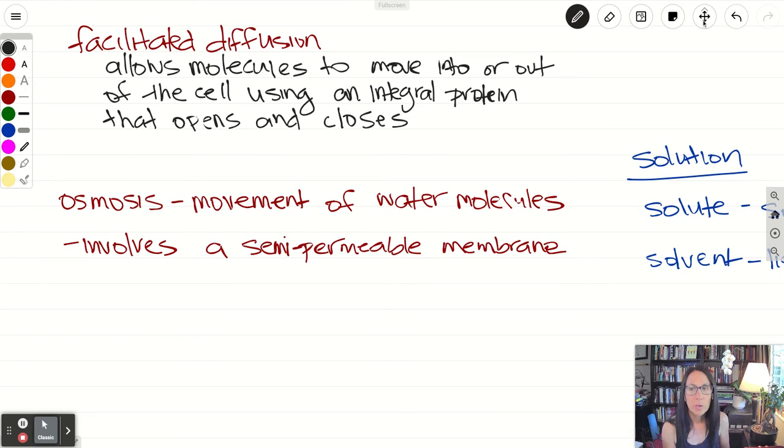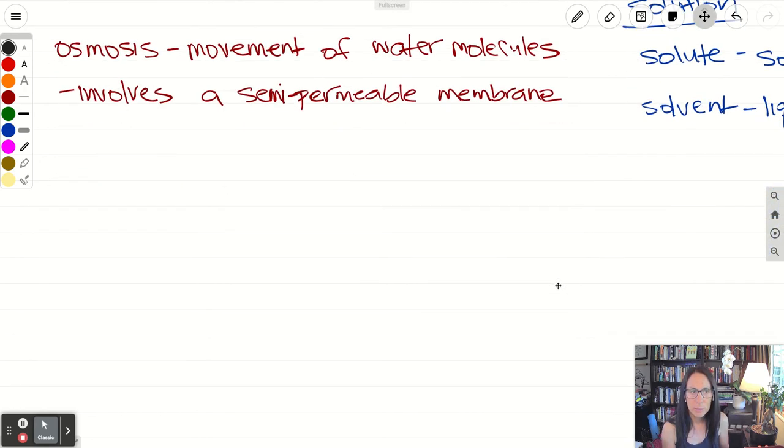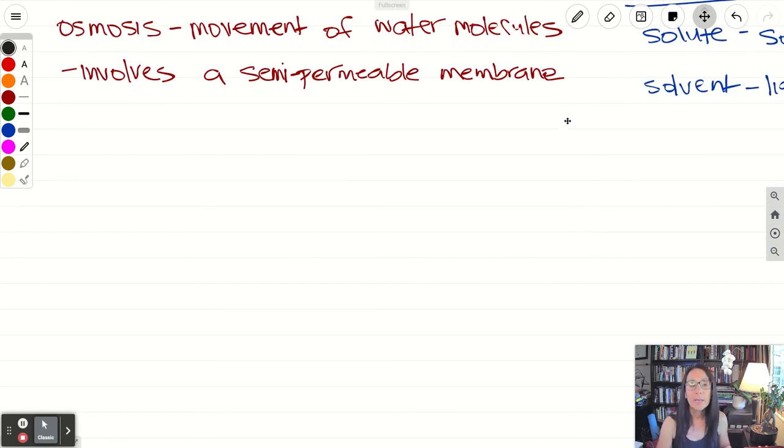Okay, so there are 3 situations that your cells can be in that could result in water moving. So I'm going to give you the 3 situations. The first situation is called a hypertonic solution. So I'm going to say the environment.